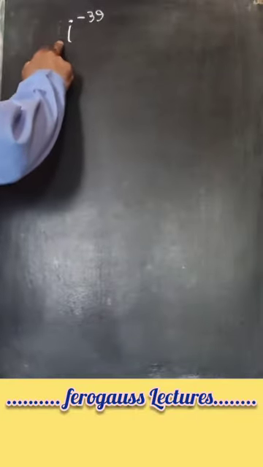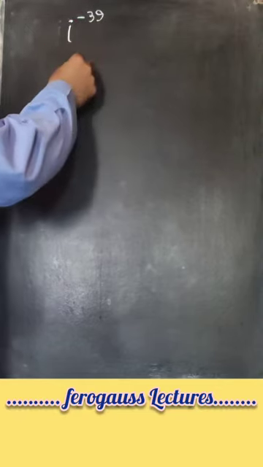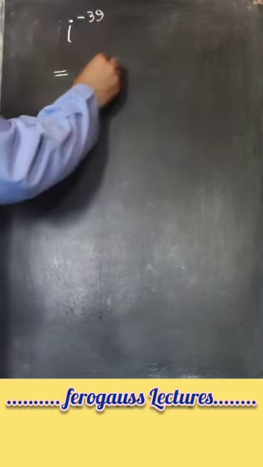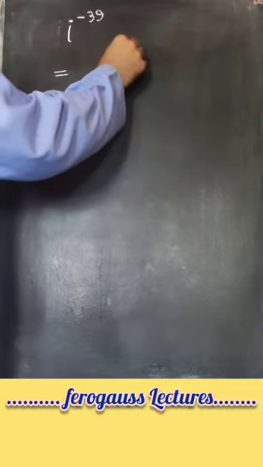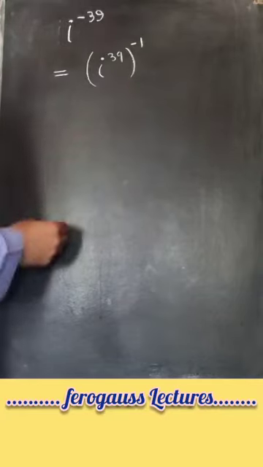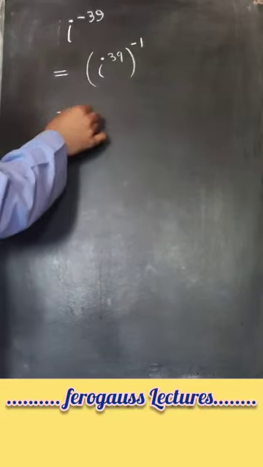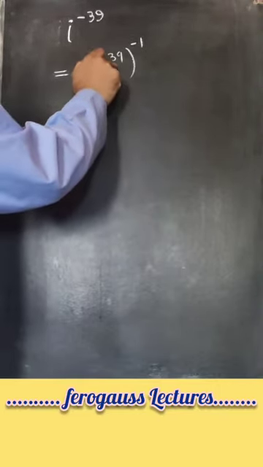Here we have complex number iota raised power minus 39, and we can write it as iota raised power 39 whole raised power minus 1, which is equal to, if we divide 39 by 4, we get 3 as remainder.